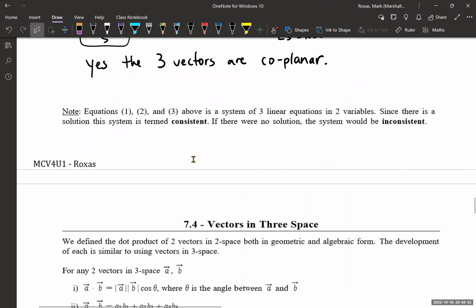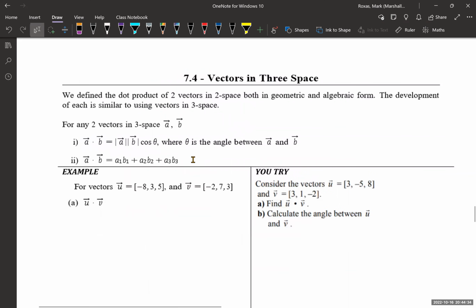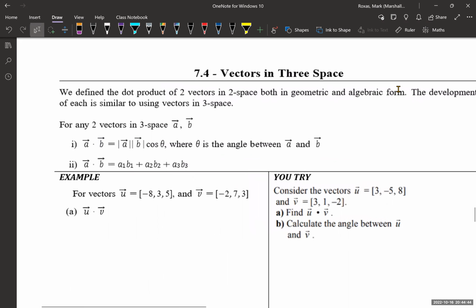All right, what about dot products? We did dot product in 7.3. What about dot product in 3D space? We defined the dot product of 2 vectors in 2D space in both geometric and algebraic form. The development of each is similar to vectors in 3D space. So for vectors in 3D space, the formula is the same, except the magnitudes of A and B now use the modified Pythagorean theorem with a third component, the z component.